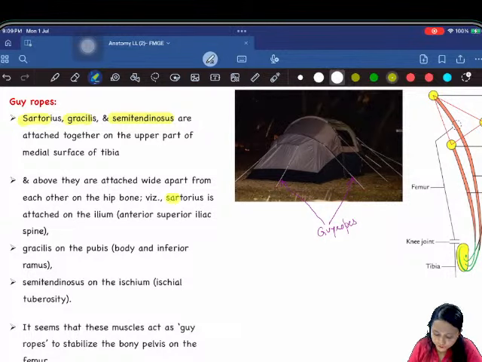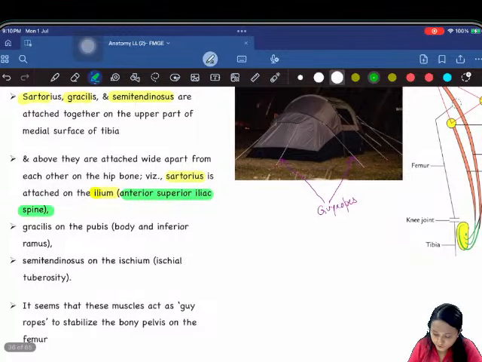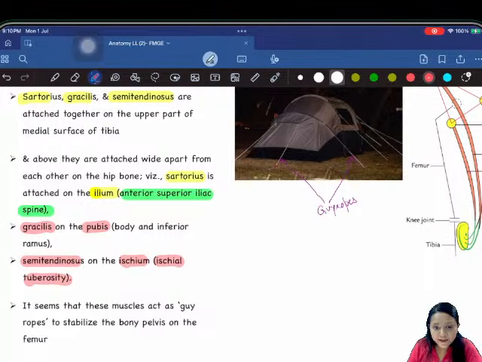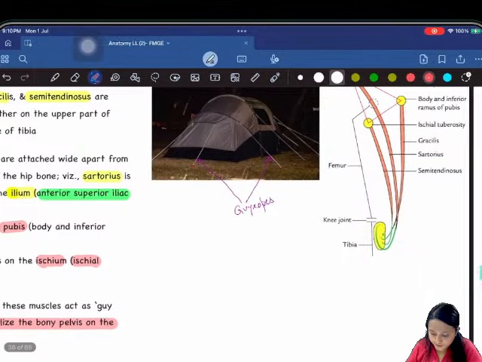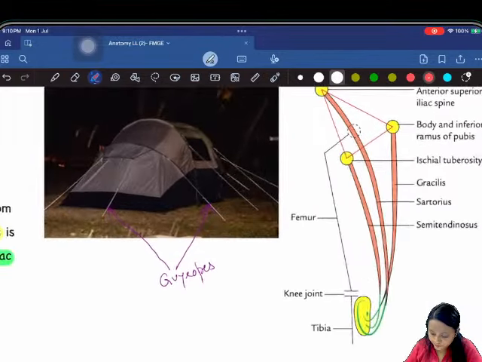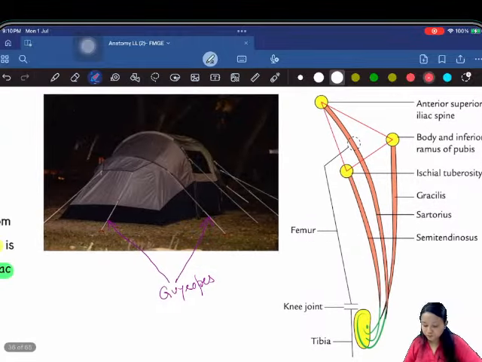The sartorius is attached to the ilium, at the anterior superior iliac spine. The gracilis is attached to the pubis, and the semitendinosus to the ischium, that is the ischial tuberosity. These muscles act as a guy rope because they stabilize the bony pelvis on the femur. Sometimes you might get a question on the guy rope.